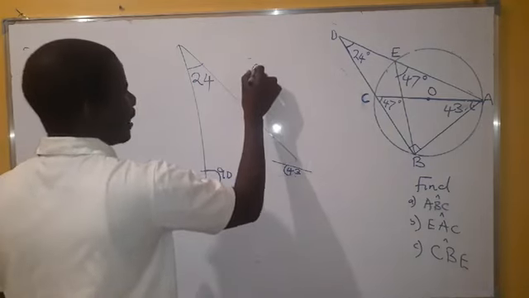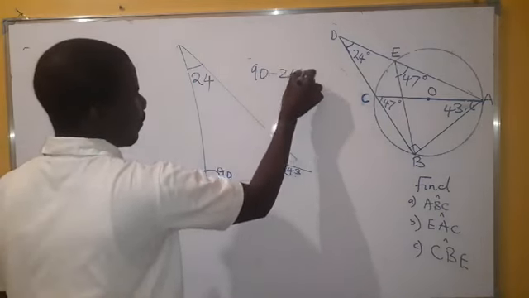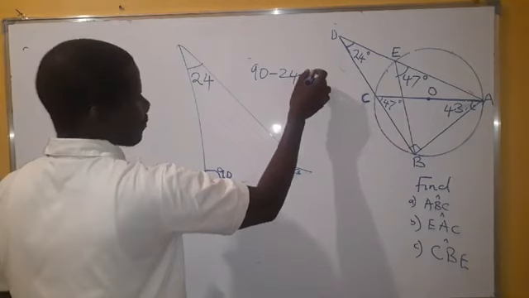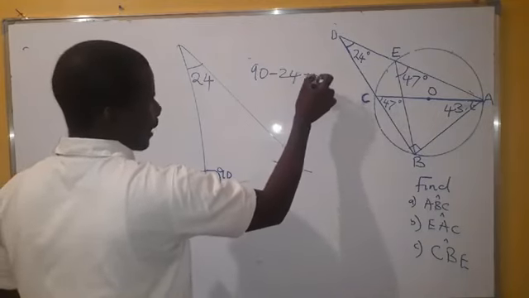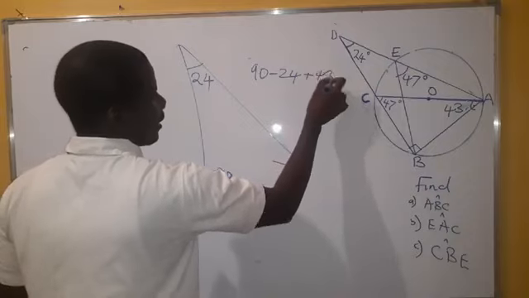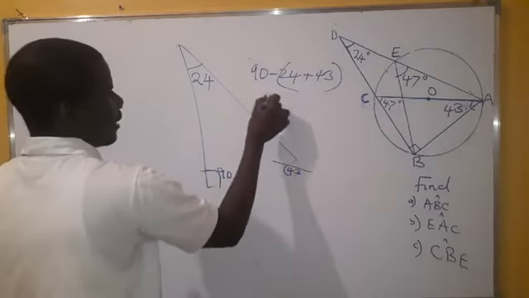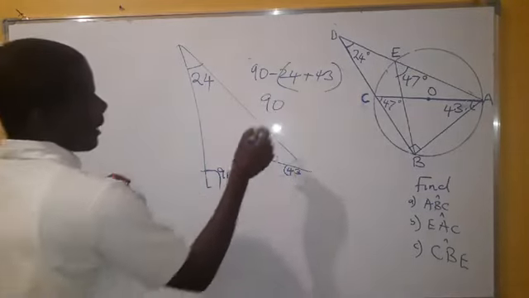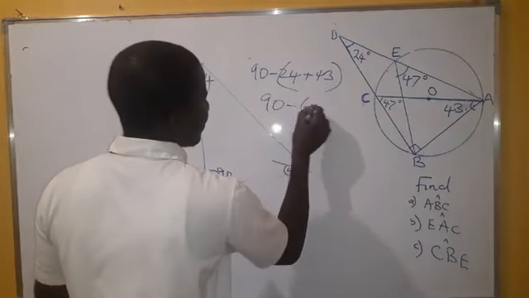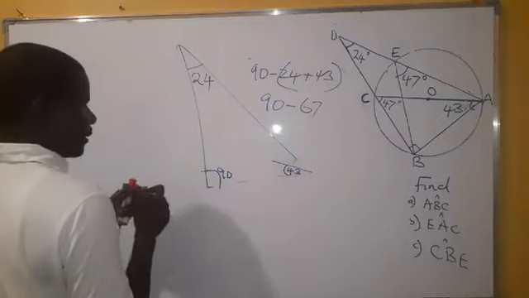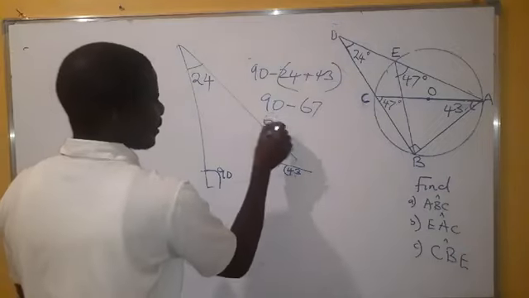So we have 90 minus 24 plus 43, I put this in brackets. 90, what do I get here? Minus 67. 67 here.